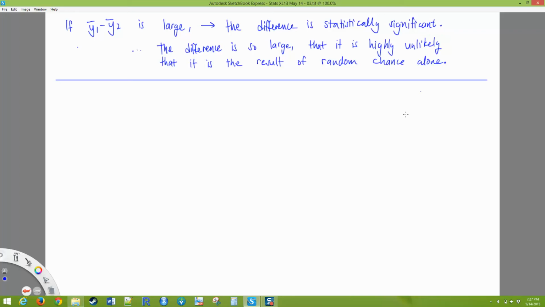So if random variable A comes from a normal distribution and random variable B comes from a normal distribution, then the quantity A minus B, which is technically another random variable, also comes from another normal distribution.